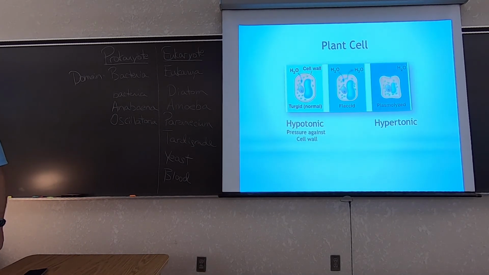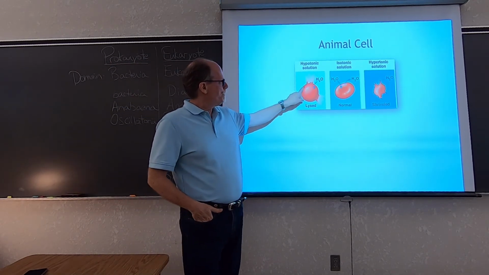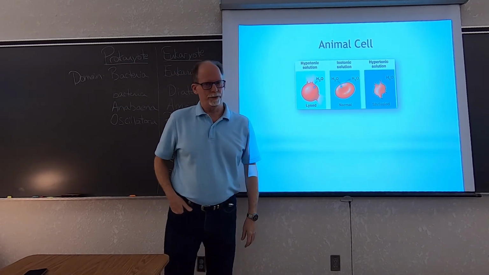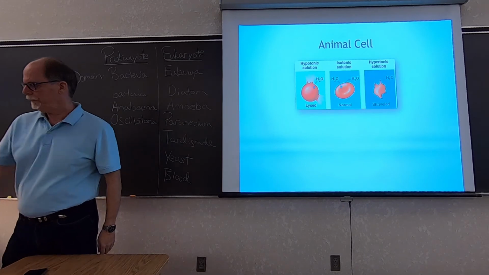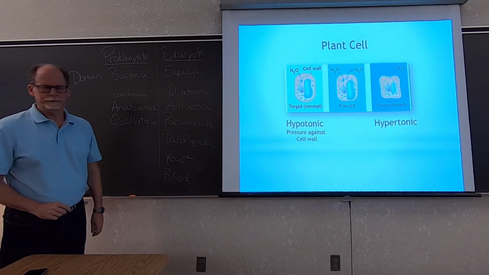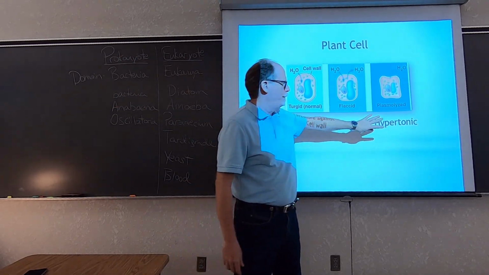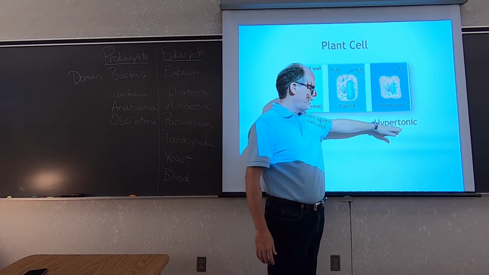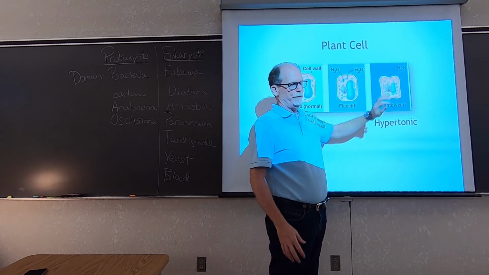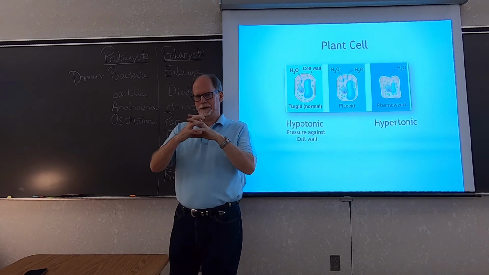So it's a little bit different than when an animal cell lyses, which occurs in a hypotonic solution. When you put a plant cell in a hypotonic solution, it's normal for them, but you get plasmolysis in a hypertonic. The cell doesn't actually lyse like a red blood cell. A lysed red blood cell explodes.